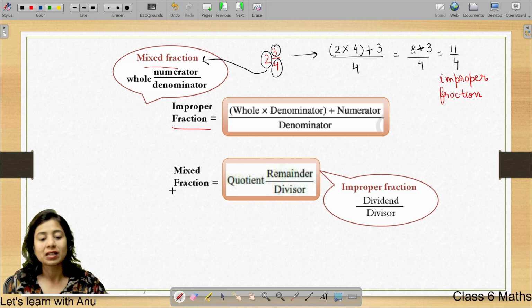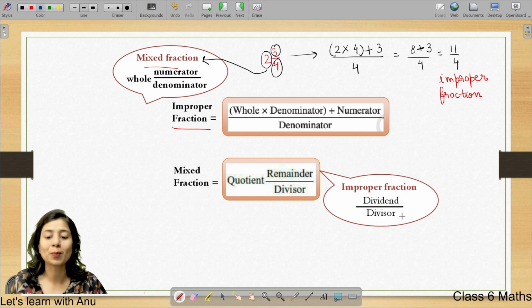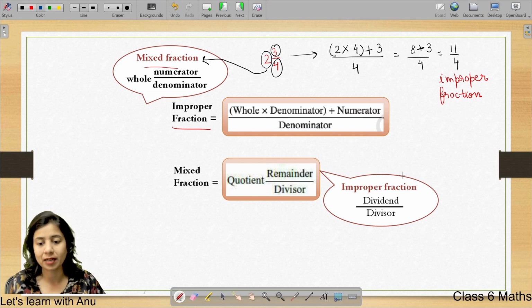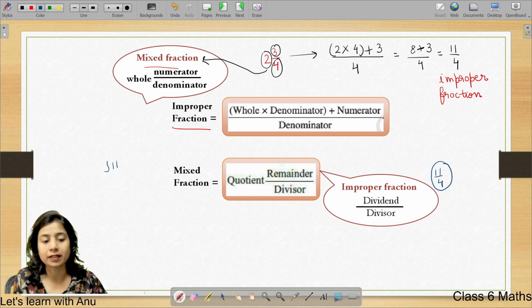So second one is how to convert improper fraction into mixed fraction. So I can take the same example. The improper fraction we can take is 11/4, where dividend is 11, 4 is the divisor. So we are going to divide it. 11/4. We all know that 4 times 2 is 8.